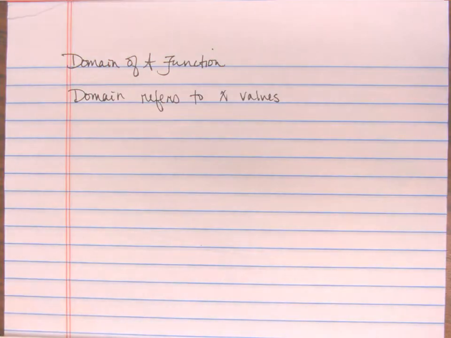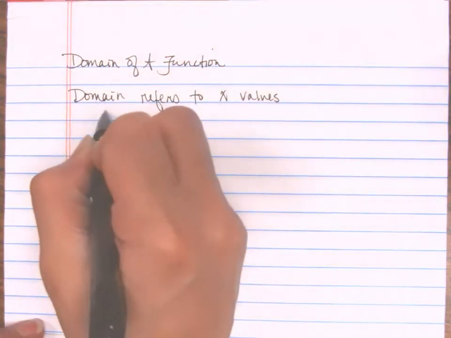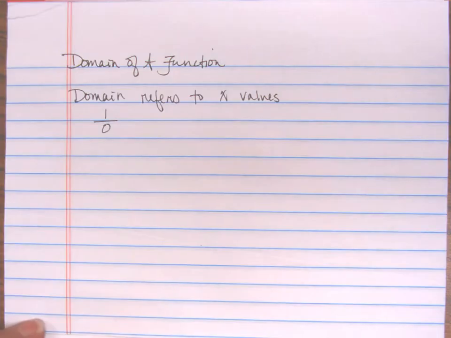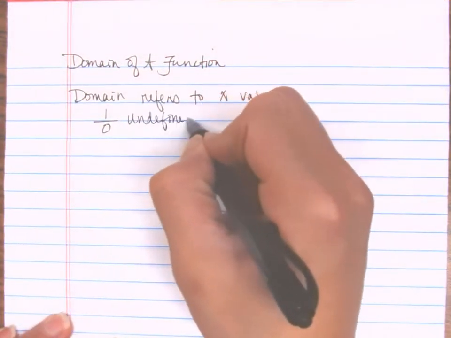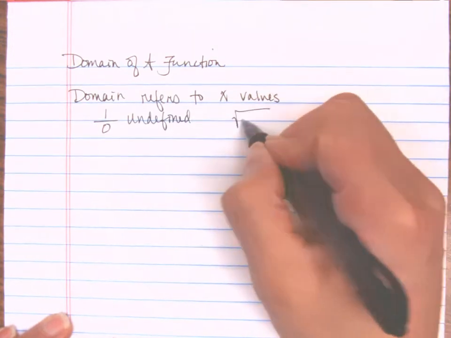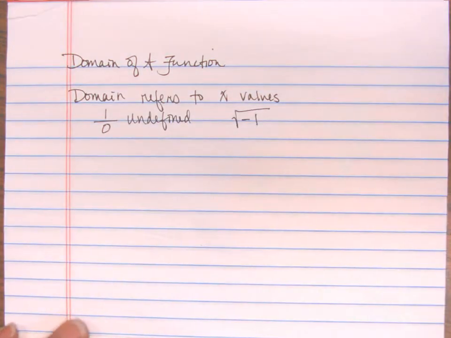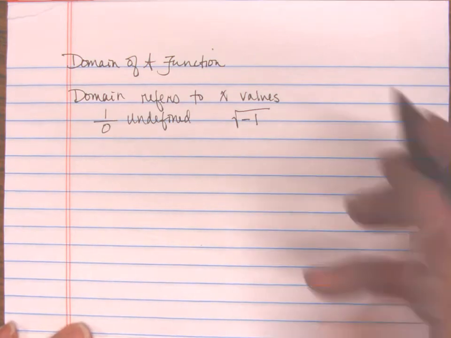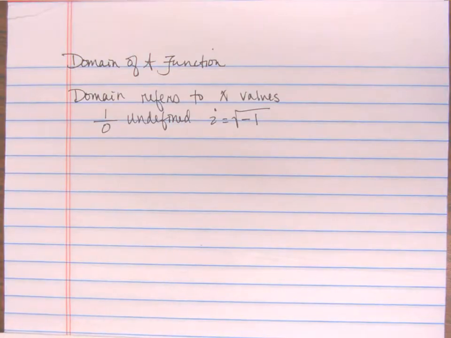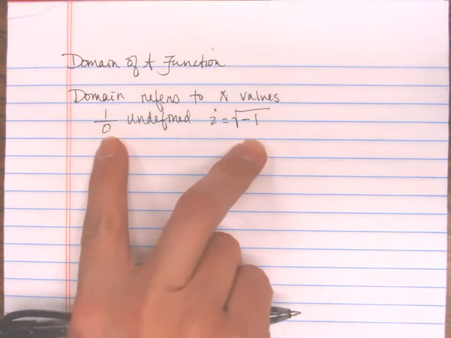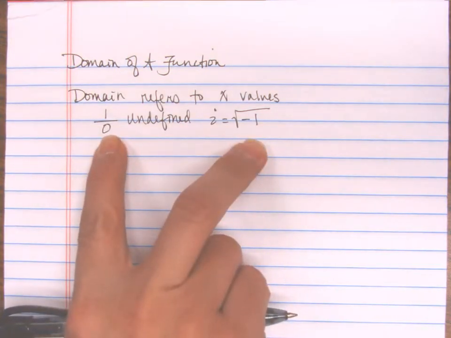And really there's two things that you want to keep in mind here: that math does not like undefined numbers, and the imaginary unit i. When we're talking about domains, these are really two situations that we're looking out for.